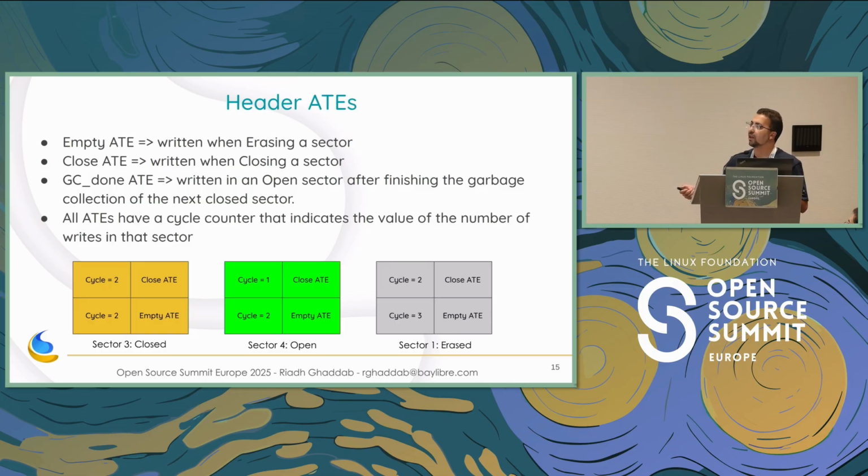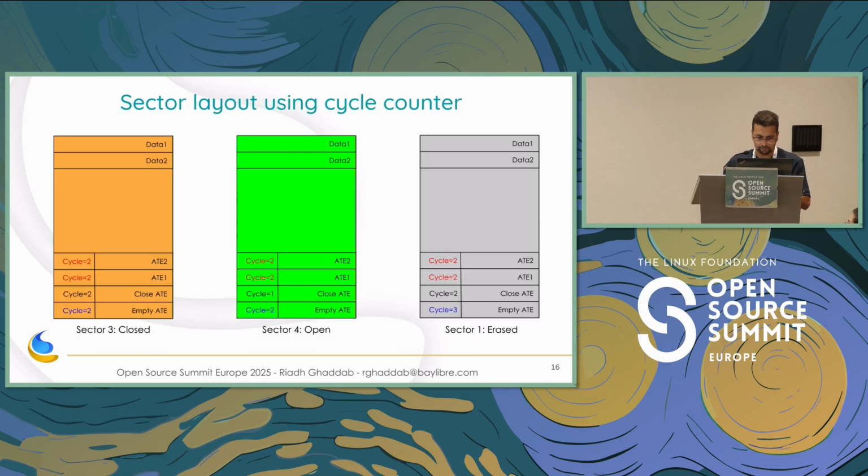An open sector has an empty ATE cycle counter that is the value of the closed sector plus 1. And the erased sector, sorry, has the cycle counter of the empty ATE also plus 1. So it's like an open sector, but we're going to see later why this is considered an erased sector. The open and erased sectors don't look like the closed sector. Here we see the representation of these three types of sectors with the data and the metadata.